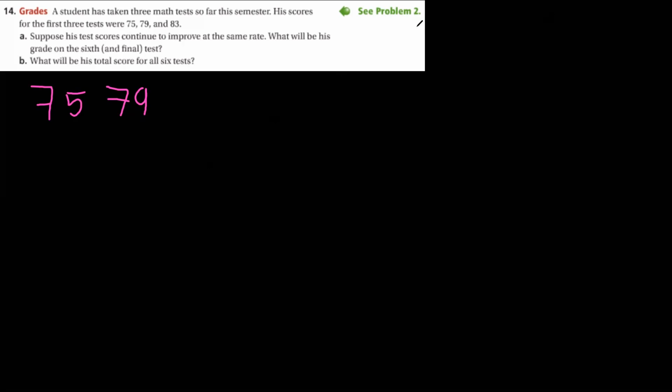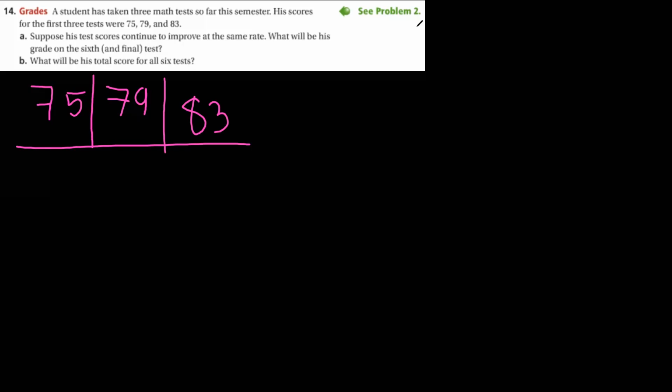So now, the student has taken 3 tests. The first one is 75, the second one was 79, and the third one was 83. Suppose his test scores continue to improve at the same rate. What will be the grade on the sixth and final test?